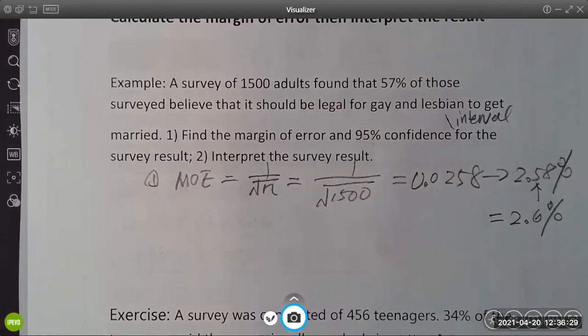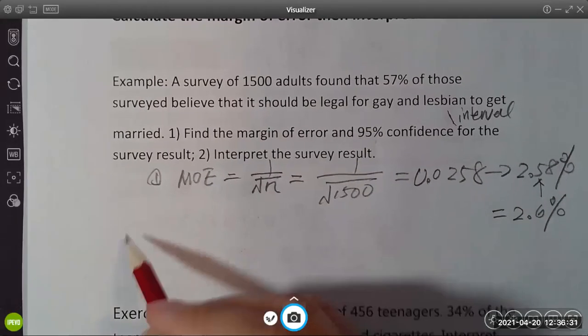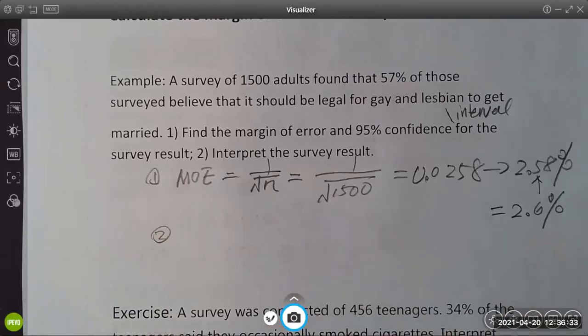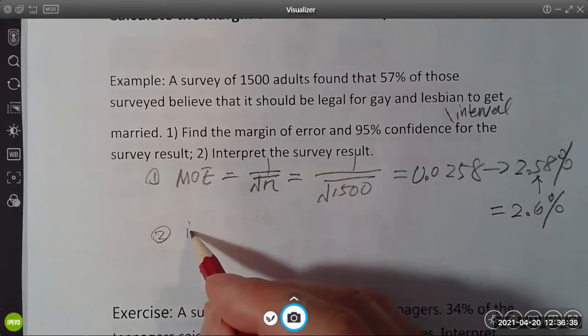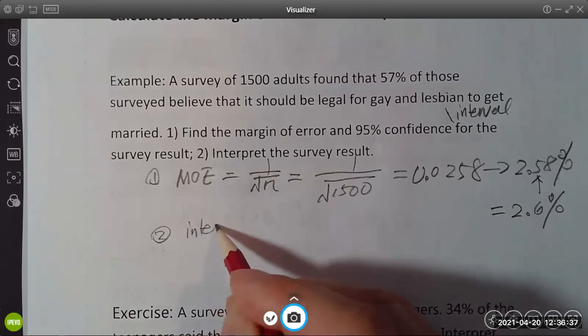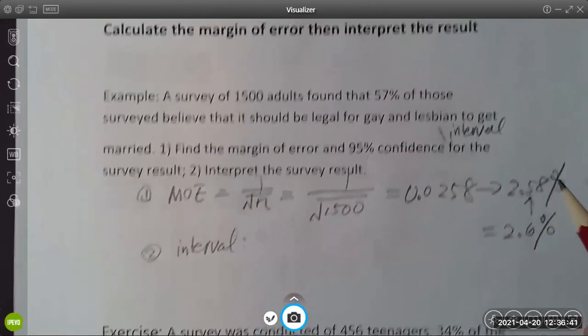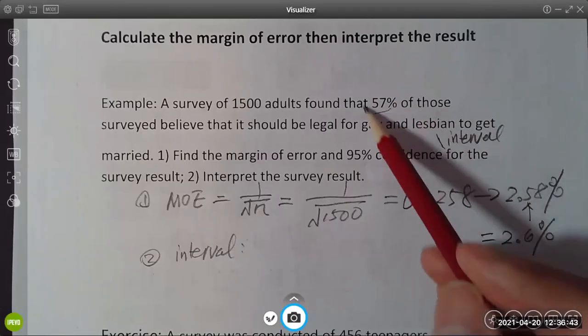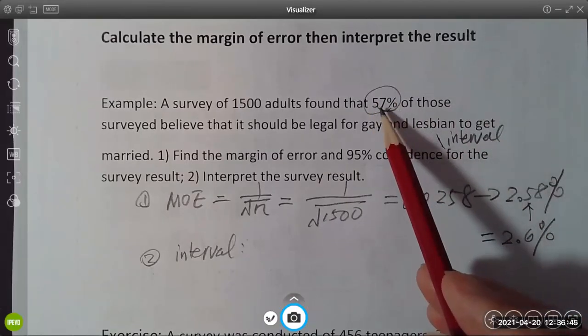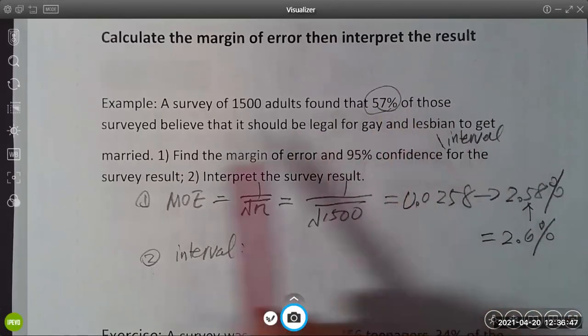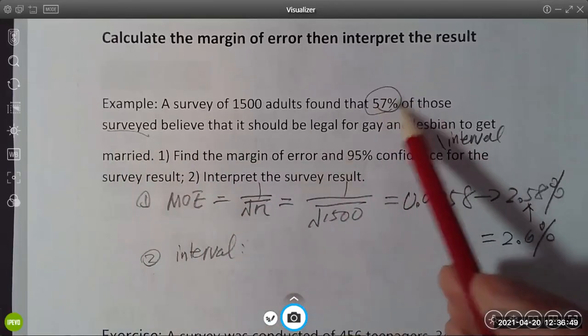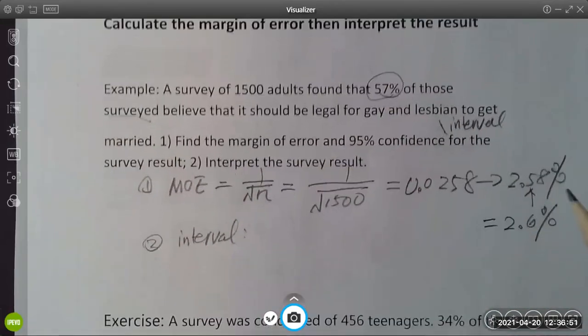Now I can create the 95% confidence interval. This is the interval. We use the statistic, which is 57%, because it's a result of measurement of this sample, 57% of those surveyed. So this one is related to the survey. That's a measurement.